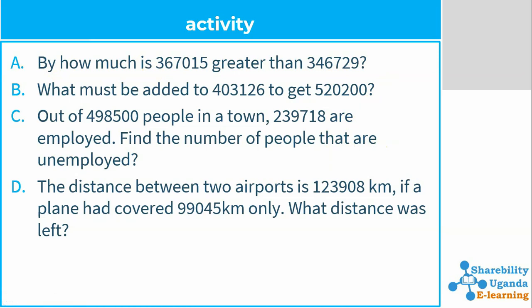Okay, so we shall see how we work upon them. Here we are having our number. In our question, they are saying, by how much is 366,015 greater than 346,729?